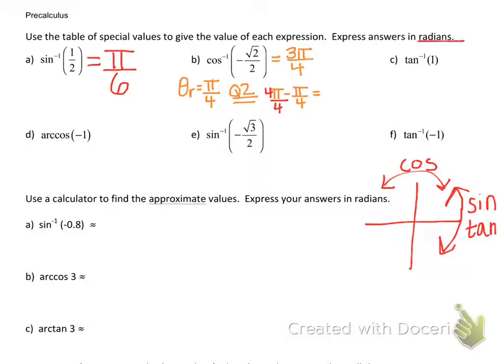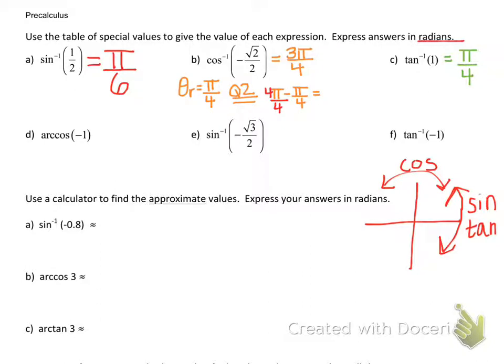Okay, the tan inverse of 1. So on my chart, I'm going to go to tangent of 1, and I get pi over 4. So pi over 4 lies within the first and fourth quadrant, so this is our angle. So we have pi over 4.